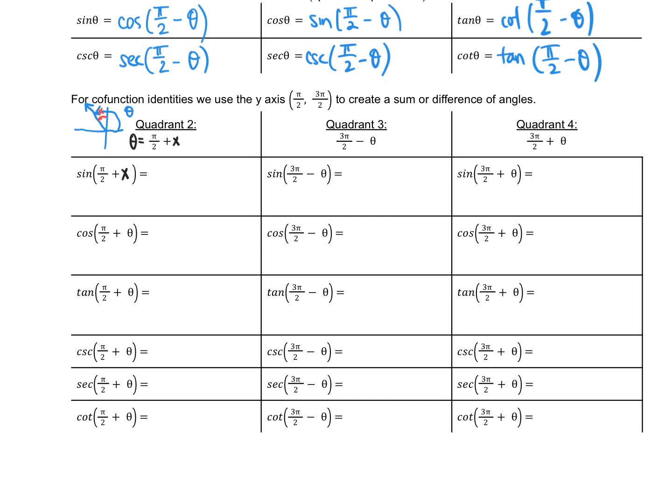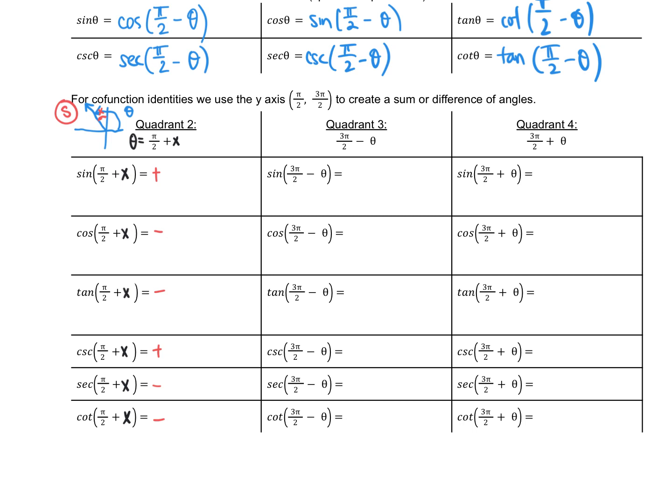So theta is pi over 2 plus x, and pi over 2 plus x is complementary to x. Now in quadrant 2, only sine is positive. So I expect the sine ratio to be positive, cos and tan to be negative, cosecant to be positive, secant and cotangent to be negative.